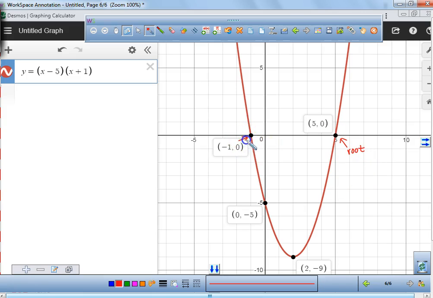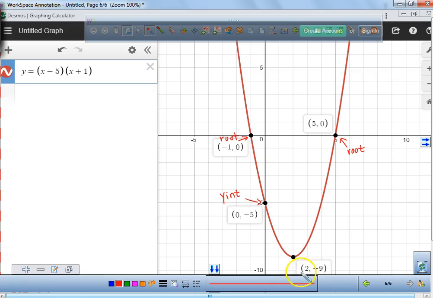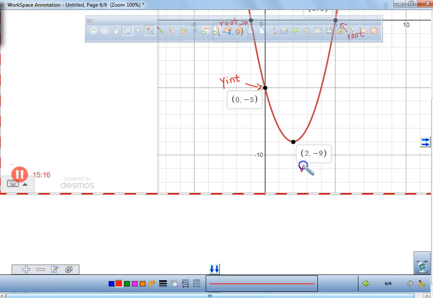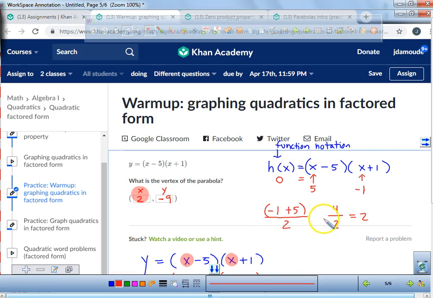It gives you the other root. What's this point right here called? That's the y-intercept, so it gives us the y-intercept. And what other point does it give us right down here? It gives us the vertex. And what did we say? By hand, our answer was 2 and a negative 9. But that's how you do it by hand. Okay?